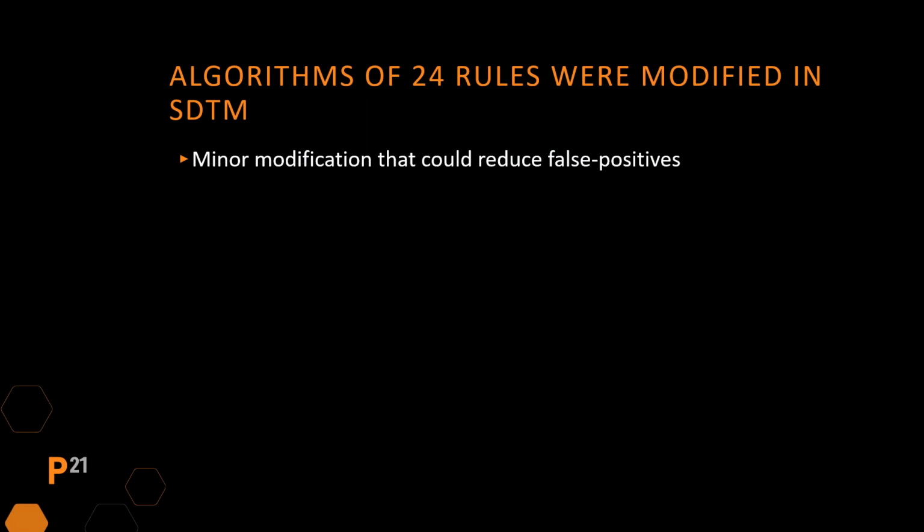There are 24 rules whose algorithms are modified in SDTM. These are mainly minor changes that could reduce false positives, and I will not go over each of them in this webinar, but you can check them in the release notes for more details.